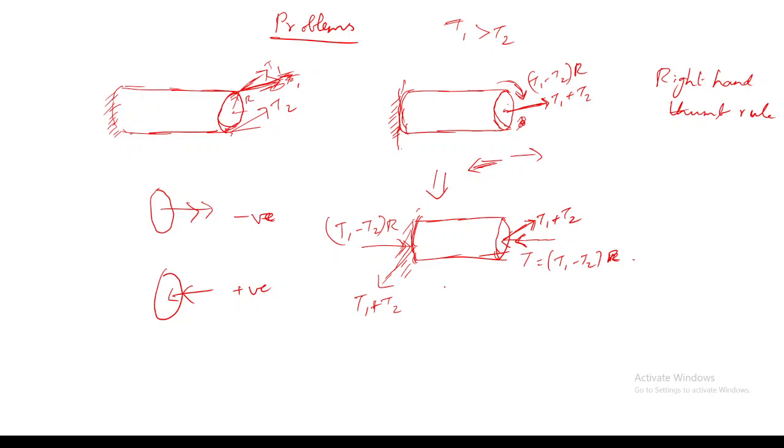Let us take this length as L, and let's take this as A and this as B. Will any bending moment be generated at point A, and if so, due to which?